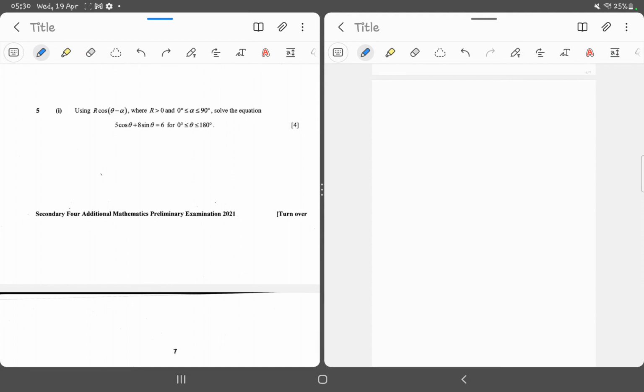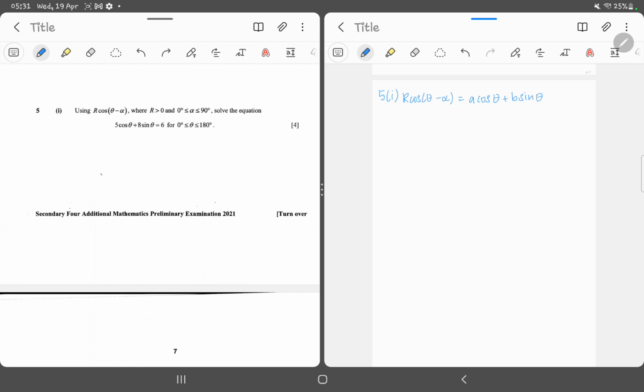So using r cosine theta minus alpha, let's write down this formula. r cosine theta minus alpha equals a cosine theta plus b sine theta.